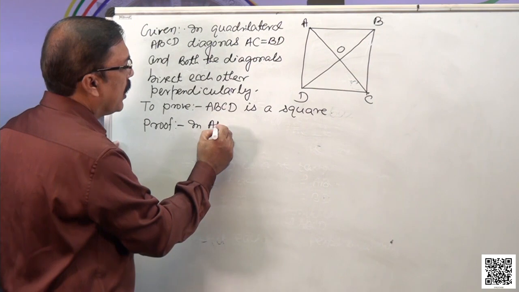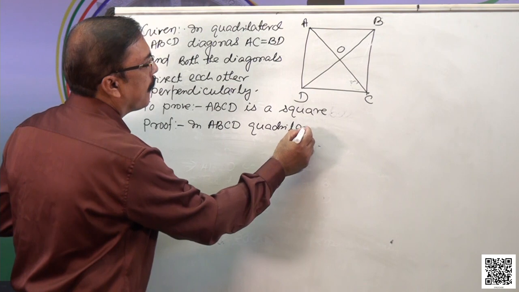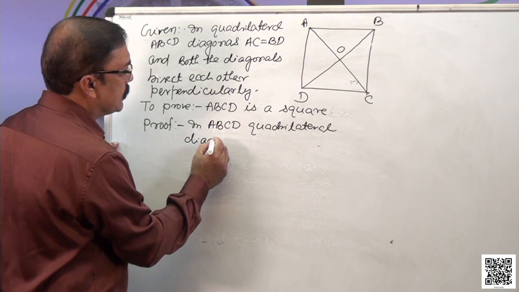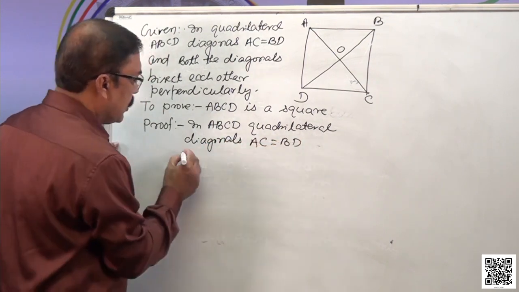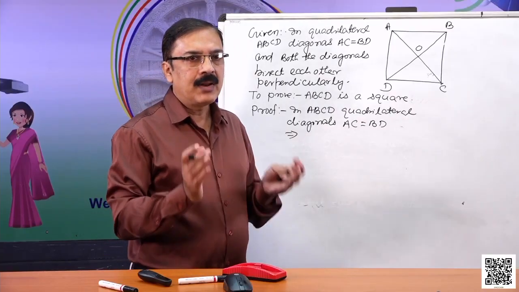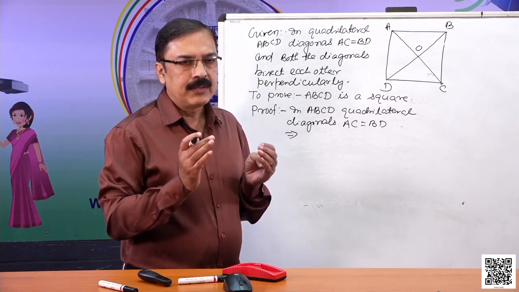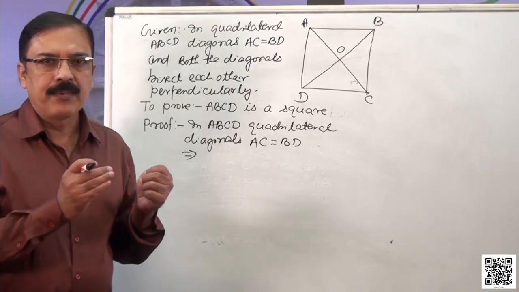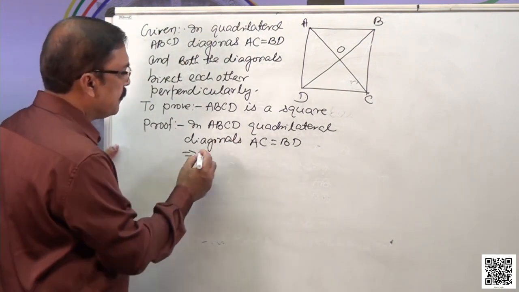In quadrilateral ABCD, diagonals AC is equal to BD, and we know that if the diagonals of a parallelogram are equal, then it is a rectangle. So here this is a rectangle.